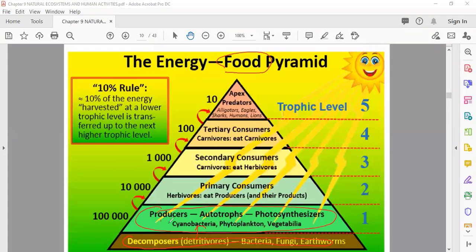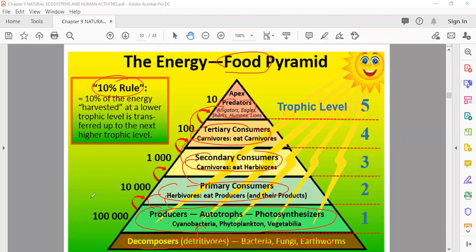These producers take the energy and then transfer it to each level. After that, the primary consumers take energy from here, then it transfers to secondary consumers, then secondary to tertiary, and finally you have apex predators or the final consumers. So what is the rule? The rule is 10%.